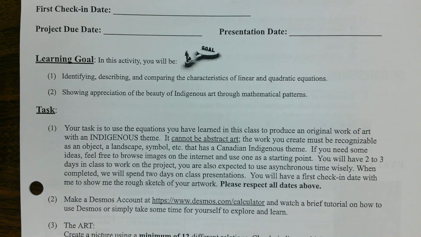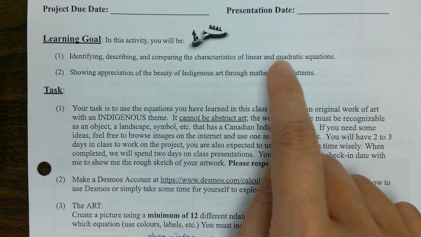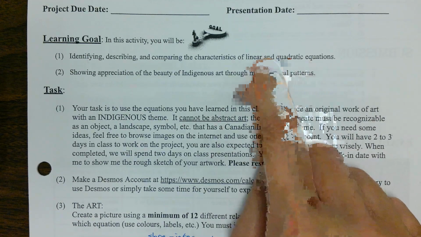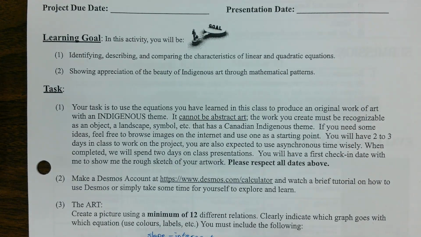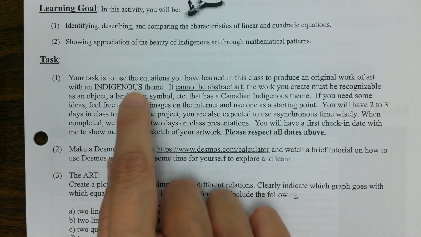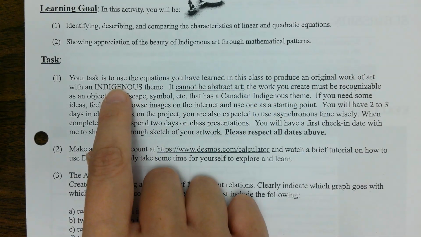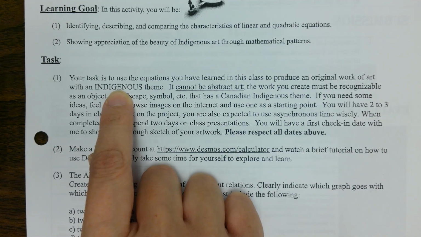Okay, so you are going to compare linear and quadratic equations using Desmos and create an artwork using linear and quadratic equations. The one criterion is that your work of art needs to have an indigenous theme. All right, that's the key right here.